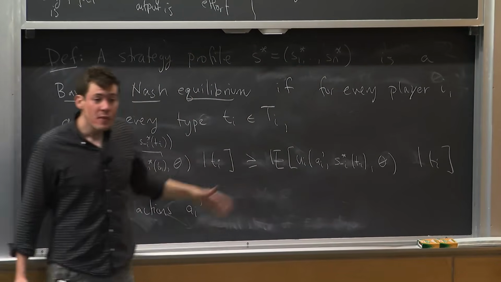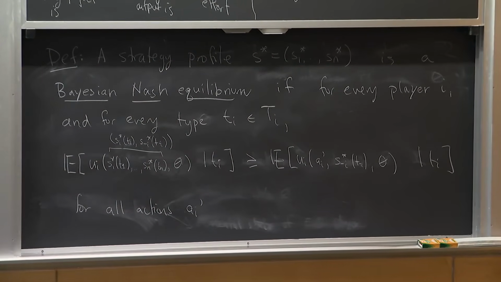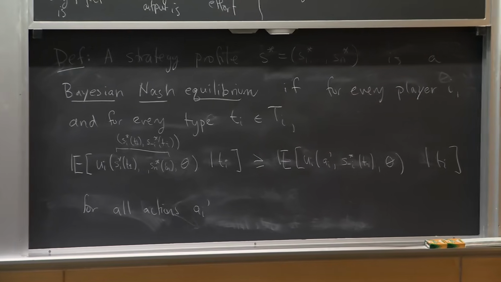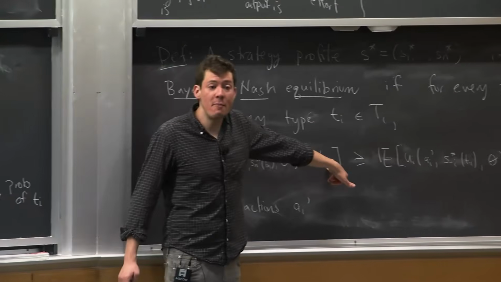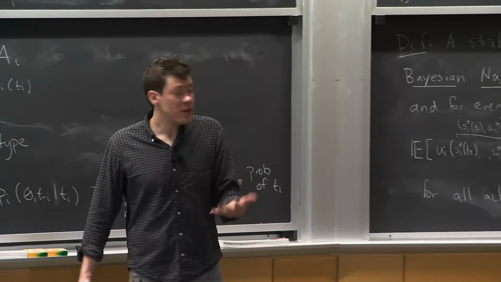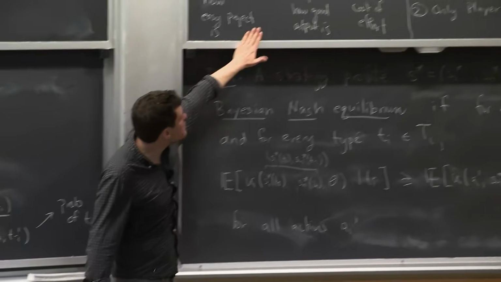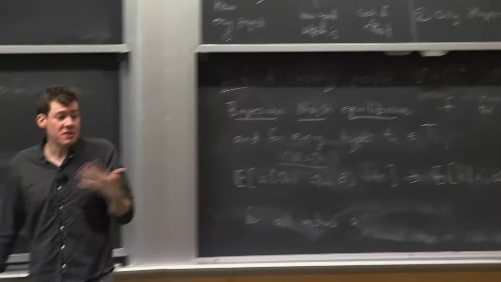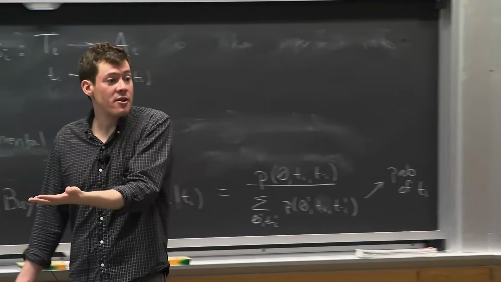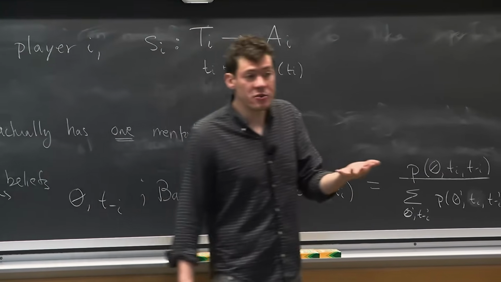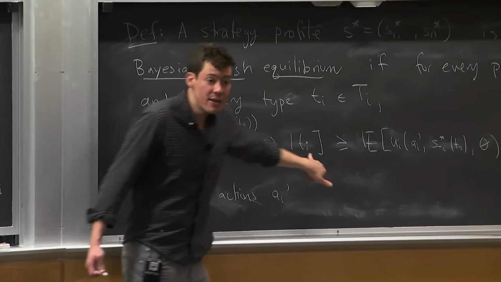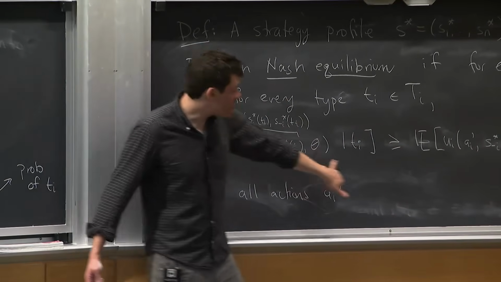Now we go here, and let's think about the decision stage. When I'm called upon, when I wake up and make a decision, I know something. I know my own mental state. If I'm player i, I know my mental state ti, and that gives me information. I'm going to update my beliefs based upon that. So going back to our example, when player 1 knows the project is hard, they have a different belief about whether the project is hard than if they wake up and know the project is easy. And they're going to behave differently in those situations. This is exactly reflecting that: my mental state controls what I believe about theta.